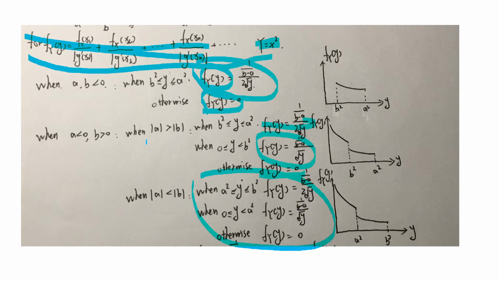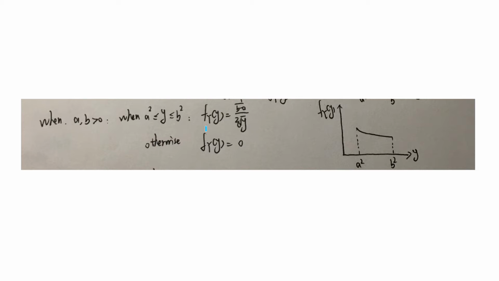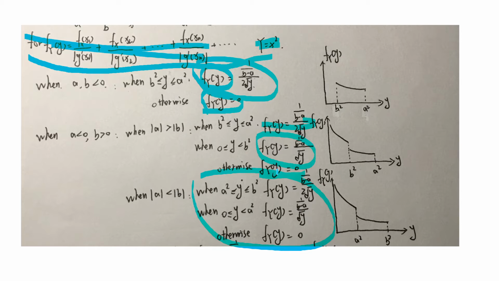Like the first circumstance, we can find the probability density function like this. According to these four different circumstances, we can simply draw the diagrams of the probability density function of y like this.